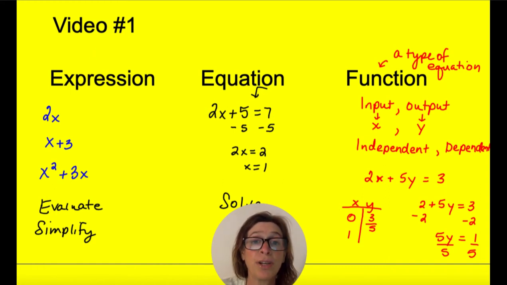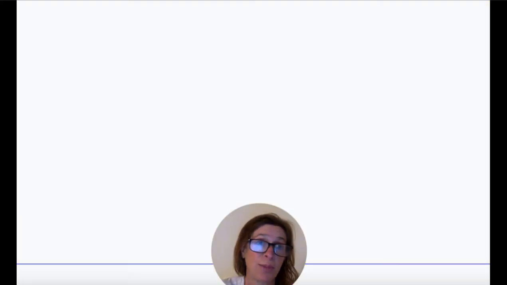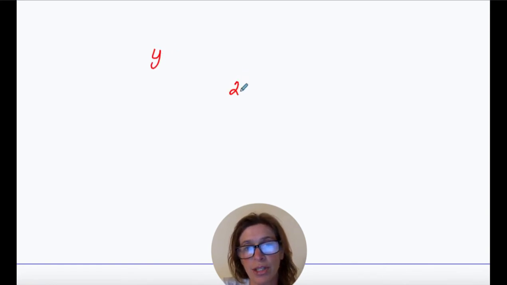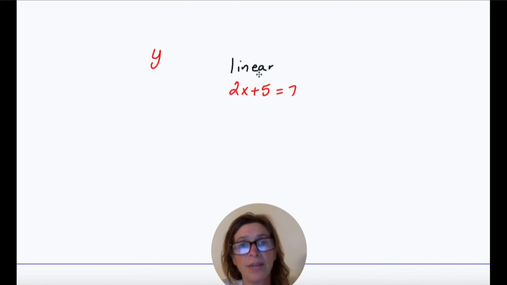Now, I do want to talk about types of equations and functions and expressions. If I give you an equation, something like this, 2x plus 5 equals 7, this is a linear equation. The reason it's a linear equation is because the highest exponent of the variable x is a 1.